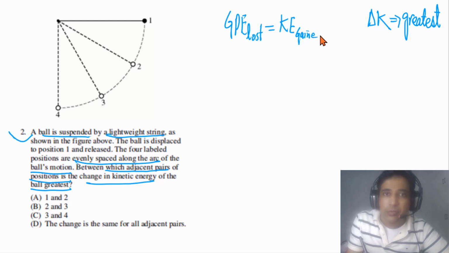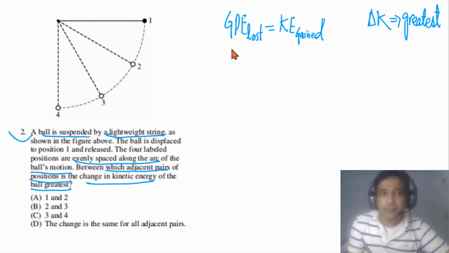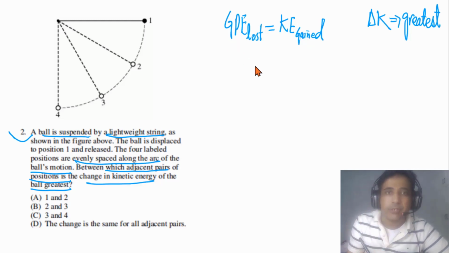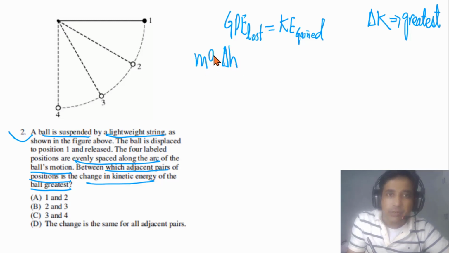So this has to be equal. And so if the loss in GPE is the greatest, it means gain in KE will be the greatest. So we can write loss in GPE will be equal to mg delta H, and this will be equal to change in kinetic energy delta K.